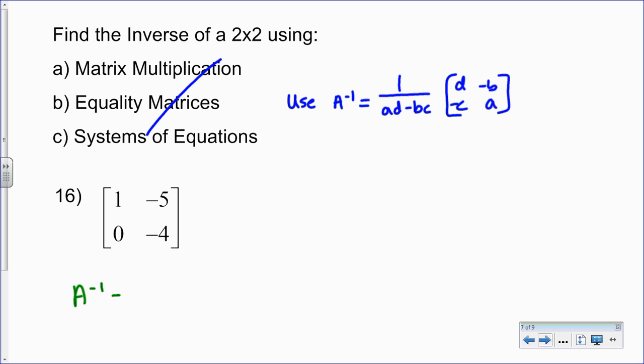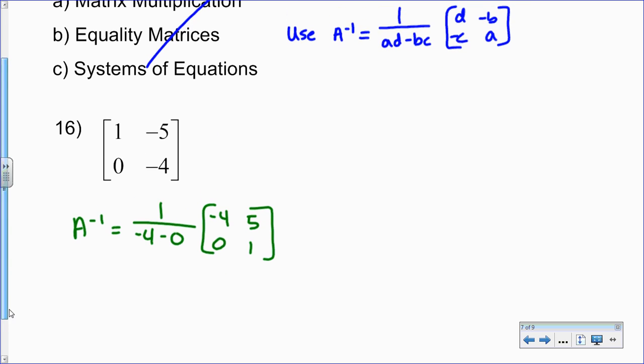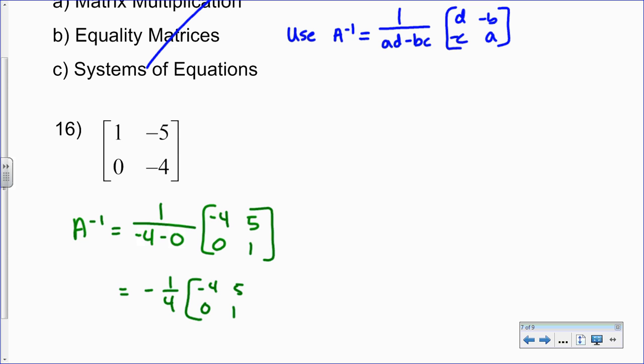Okay. So 1 over negative 4 minus 0. And then that special matrix, so switch A and D. And then you do the opposite of negative 5, which is 5. And then the opposite of 0 just stays 0. Okay? So that's negative 1, 4. So let's distribute.